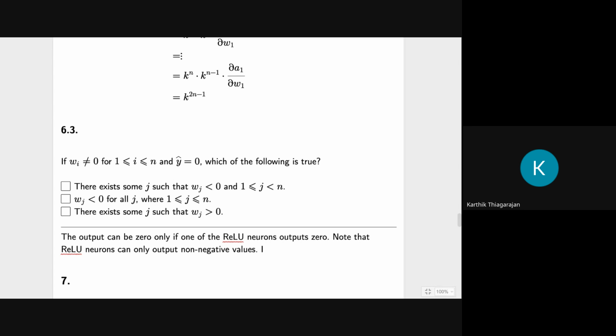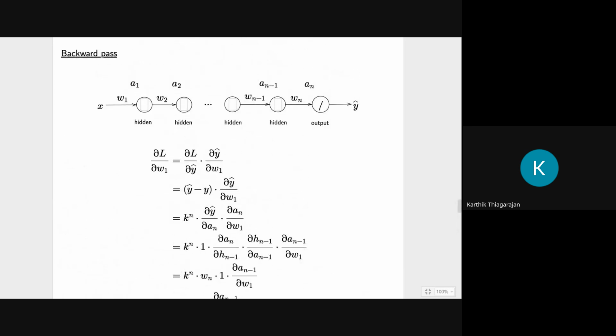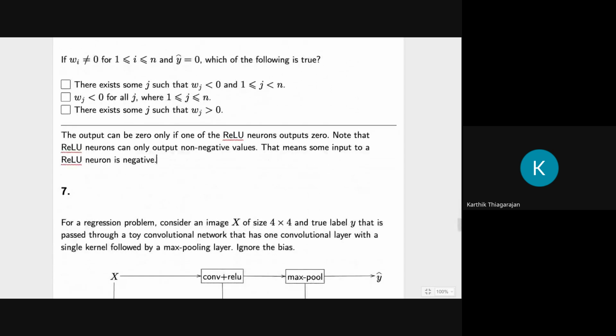So some ReLU neuron has to output 0. That means some input to a ReLU neuron is negative. But what is an input to a ReLU neuron? It's just weight into pre-activation. So at some point, some weight has to be negative. Now you could ask, why should only the weight be negative?